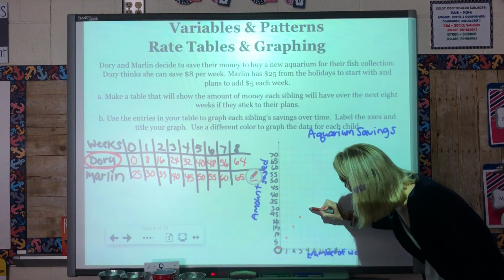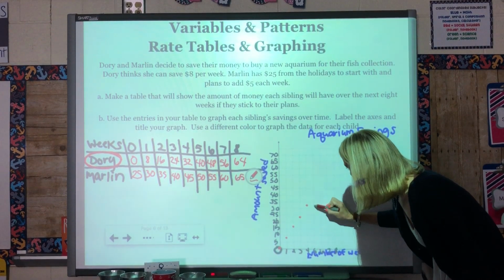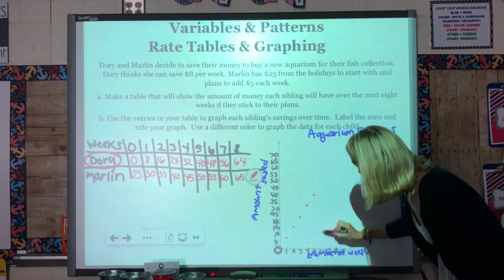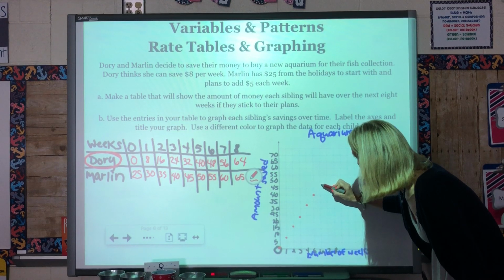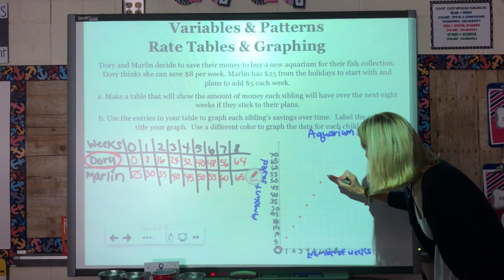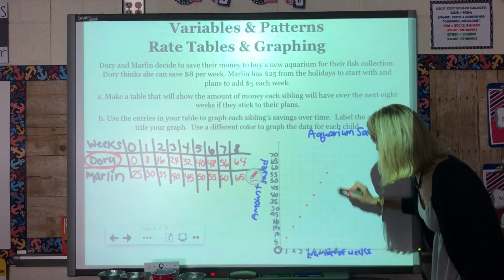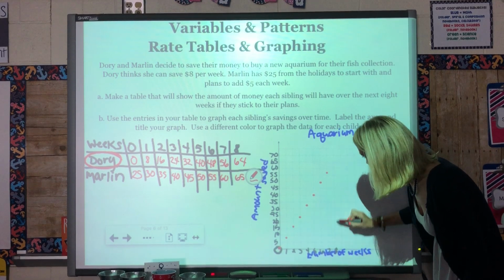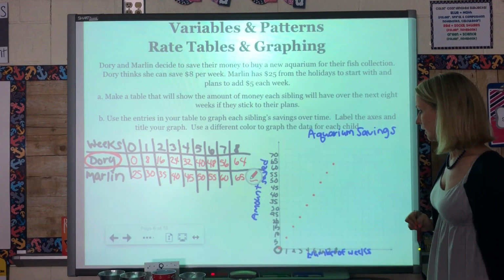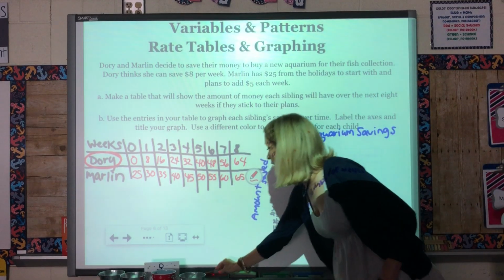Week 5, she had 40. Week 6, she had $48. Week 7, $56. Week 8, $64, right about here. All right, so I'm going to leave that alone for the moment.